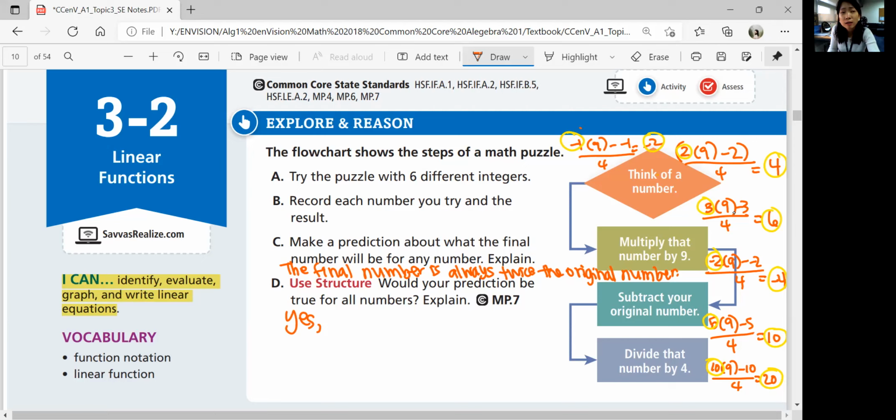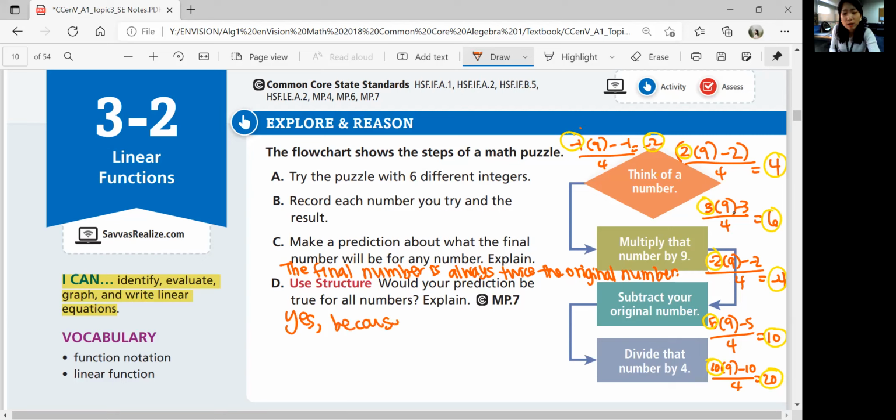It's multiply the number by 9, subtract the original number, and divide by 4, which is equivalent to multiplying the original number by 2. Because if you multiply your number by 9 and then subtract your original number, that really means you're multiplying it by 8 and then dividing it by 4, which means you're multiplying it by 2.